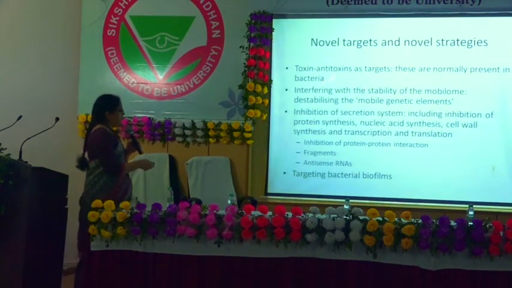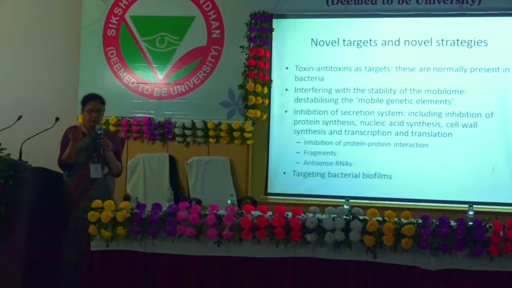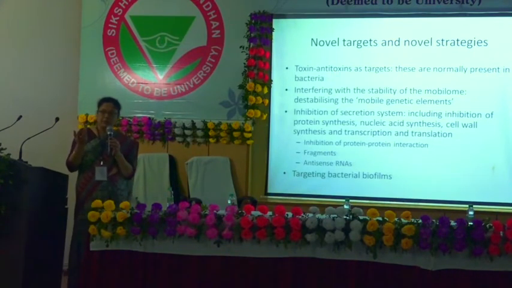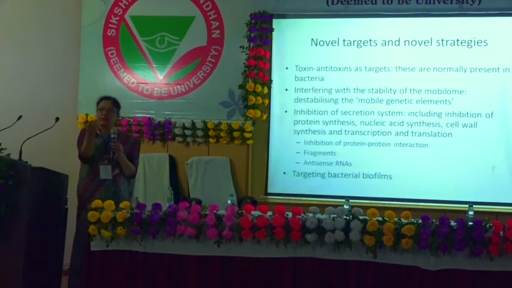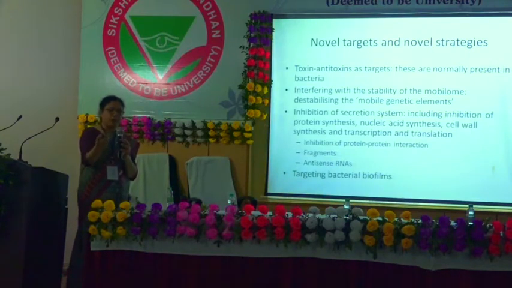Normally bacteria have a toxin or a toxic substance, but if that toxic substance is lying free within the bacteria, it will destroy the bacteria, right? So nature has made it such that it is enveloped all around by an antitoxin. And what does this antitoxin do? It protects it till it comes to a place where it is to be released, and then only it is released.